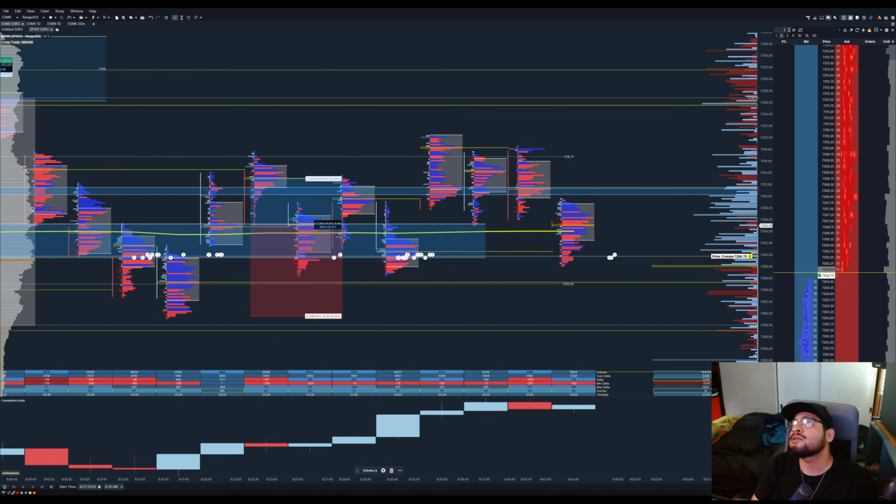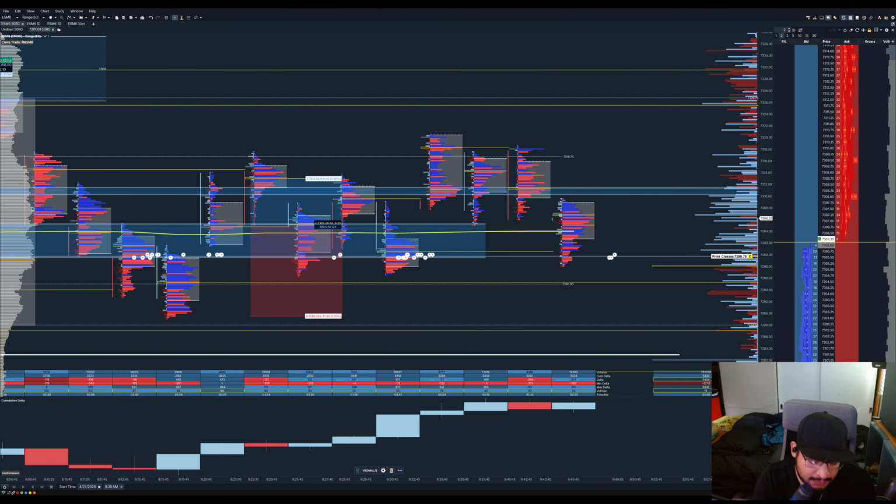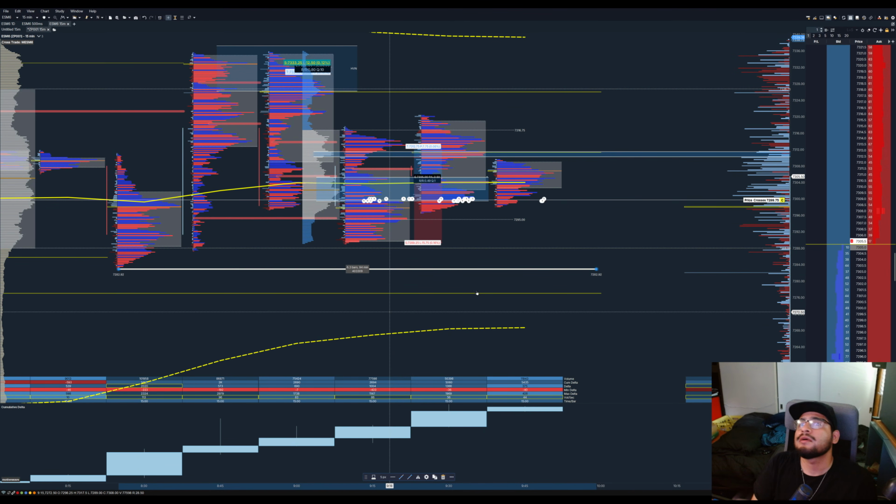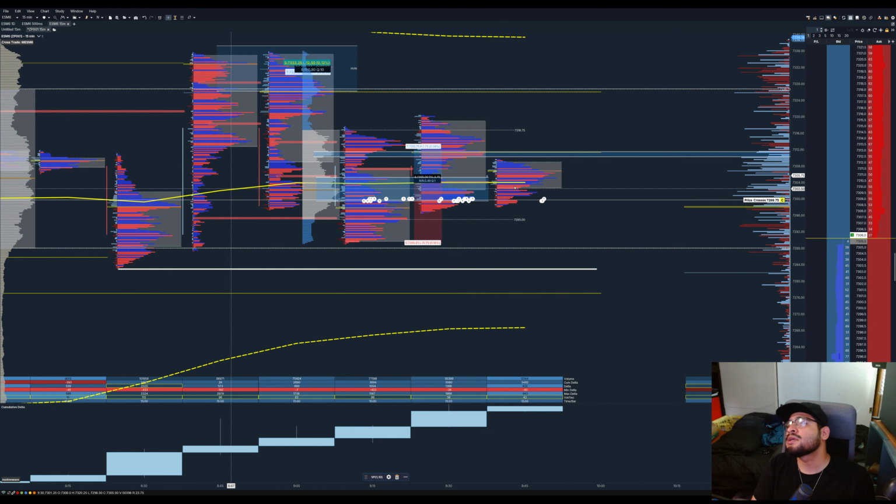We still have the low. So I made this line to mark out the low here. Let's make this, what is that, capturing the day? Sure, we'll leave it as that.